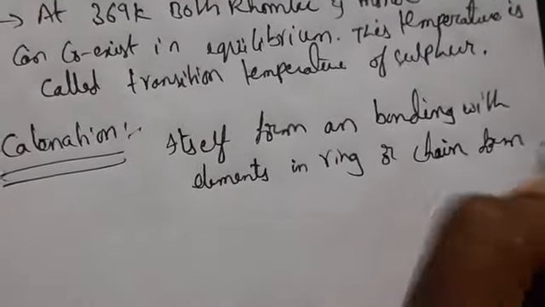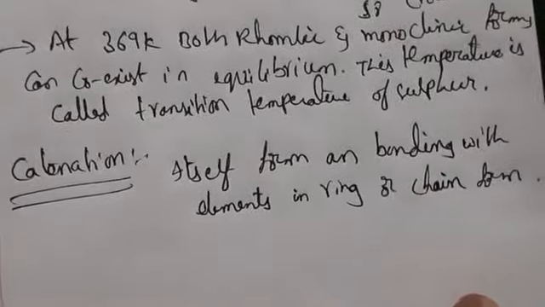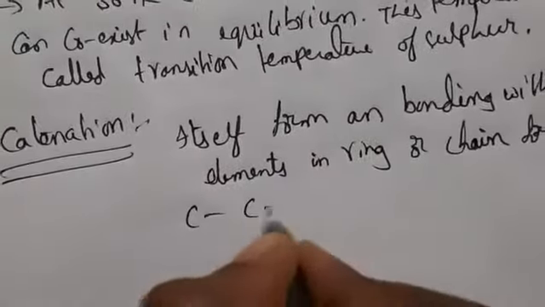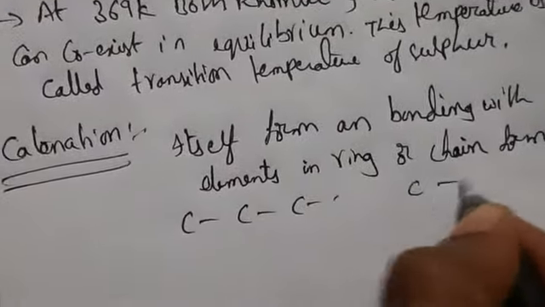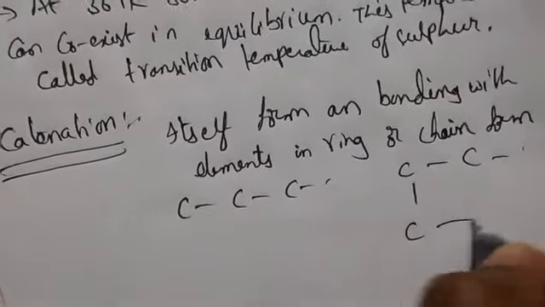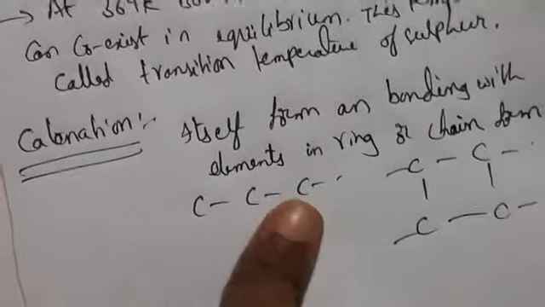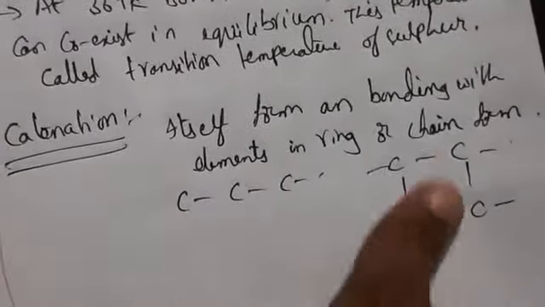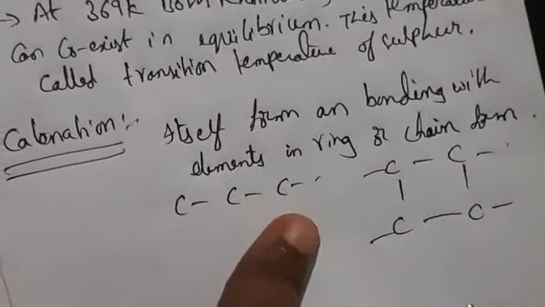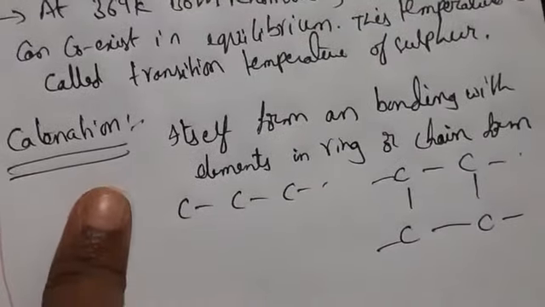For example, this is one catenation and this is another. So it forms bonds with itself, either in a ring type or in a chain type. That we call catenation.